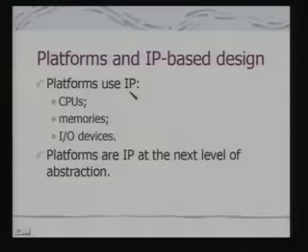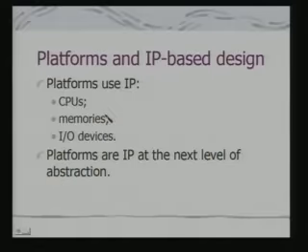In fact, platforms use various kinds of intellectual property and soft cores like CPUs, memories, IO devices. And in a sense, platforms are IP at the next level of abstraction. If we are designing a chip using, say, pure soft core, we are using IP at a lower level, to which I can add my own memory.